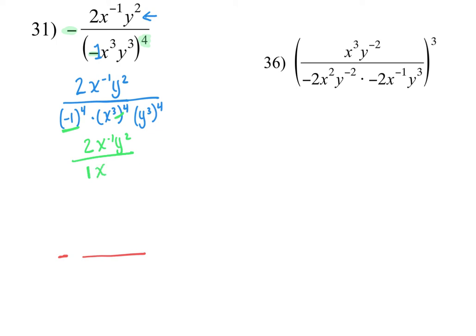Multiply. 3 times 4 is 12, right? Same thing with the y's. 3 times 4, it actually is y to the 12th. All right? And then I'm going to simplify individually. I'm ready to simplify. 2 over 1. Does that simplify? No, it's just 2. Okay? It's just a 2.